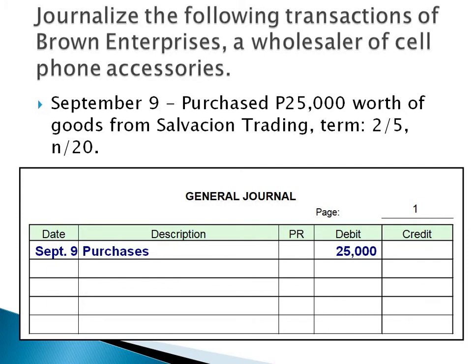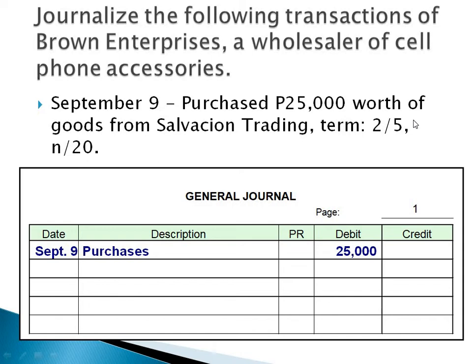Accounts payable? Why? Take note, the transaction does not say on account or on credit. Why accounts payable? Because of the term 2/5 and over 20. Remember what I told you just a while ago?